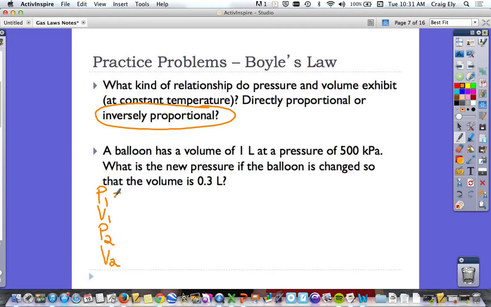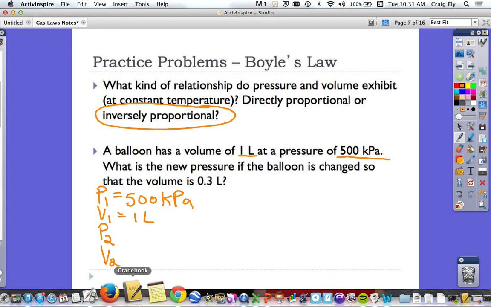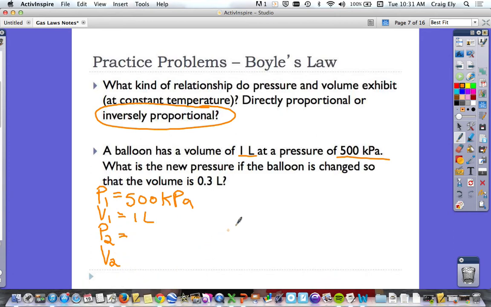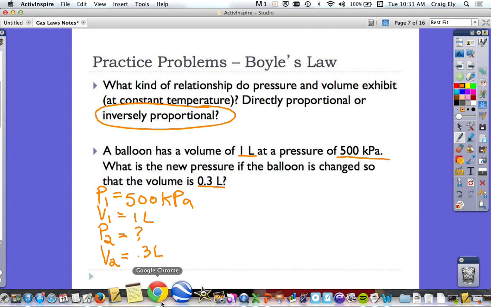Our initial pressure is 500 kilopascals. Our initial volume is 1 liter. We don't have an ending pressure, so that's what we're going to solve for. And our ending volume is 0.3 liters.